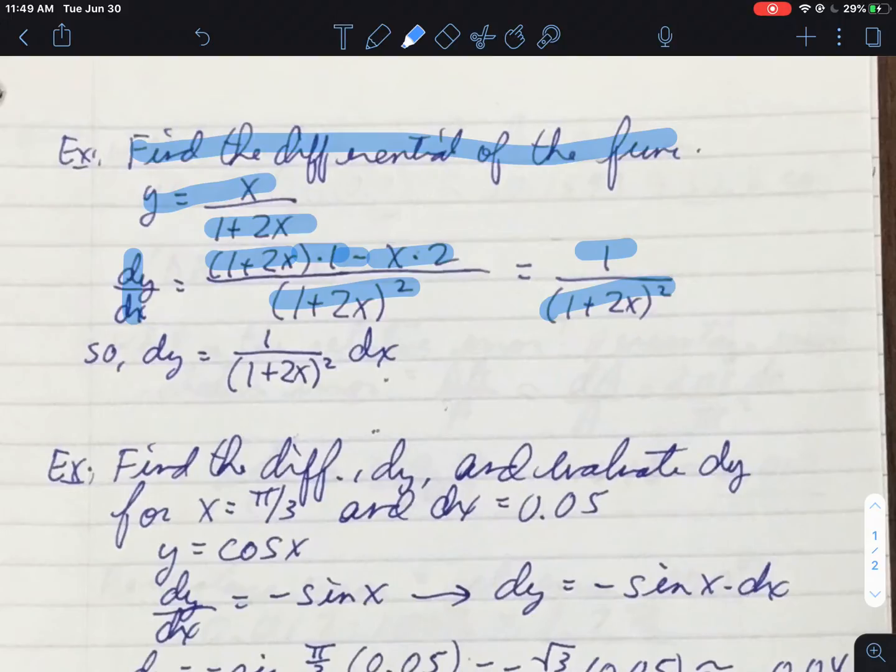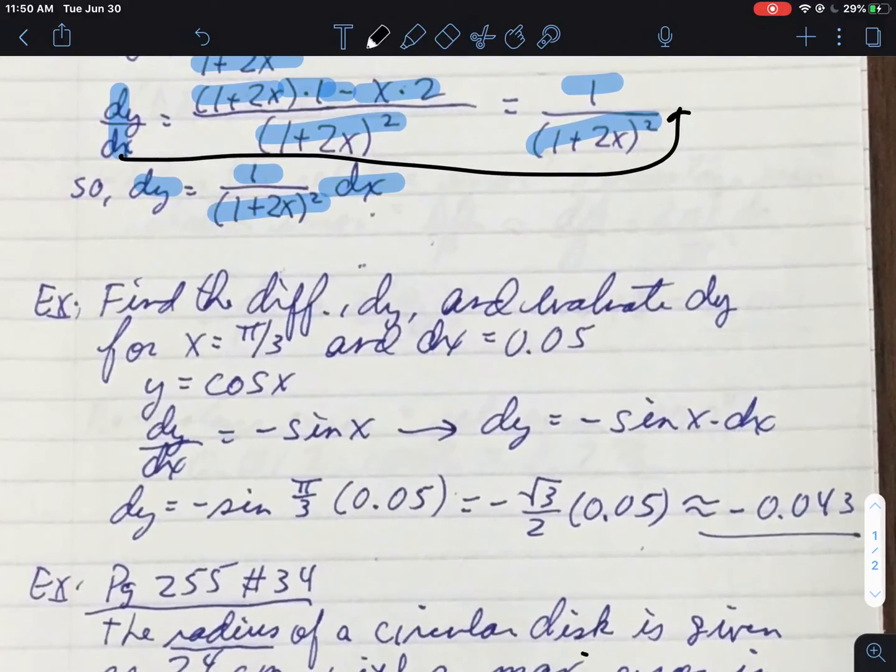But then if I want the differential dy, all I'm going to do is solve that equation for dy, and I get dy equals 1 over 1 plus 2x squared dx. So all you're doing is just bringing the dx over to that side of the equation. That's the only difference between what we've done before and what we're doing here. So it doesn't change how you find the derivative. You just take that extra step, solve it for dy equals your derivative, f prime of x, times dx, and that's your differential.